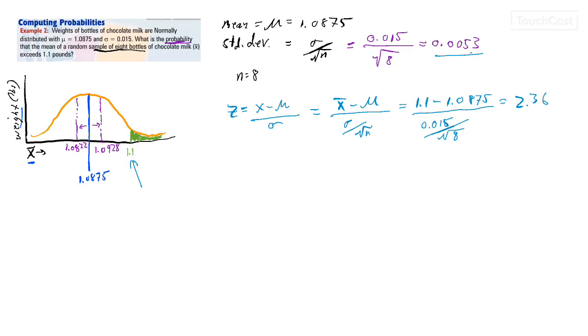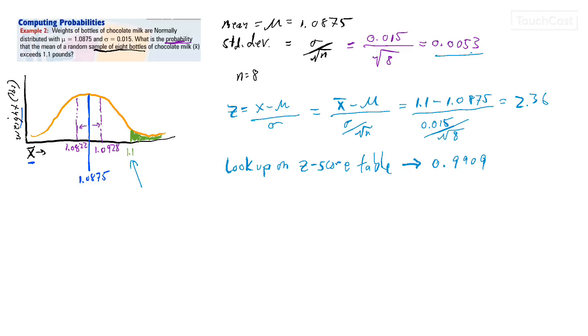The next step is to look this up on the z-score table. The number you should find is 0.9909.